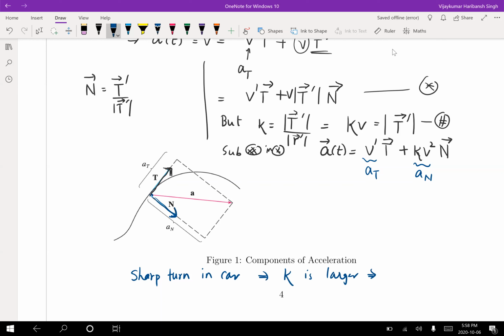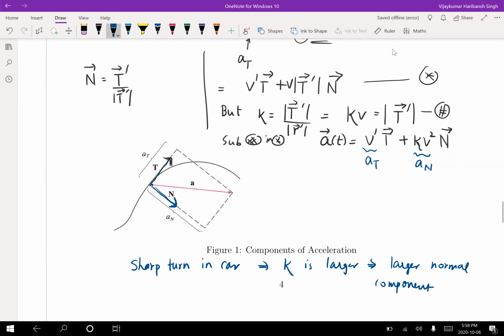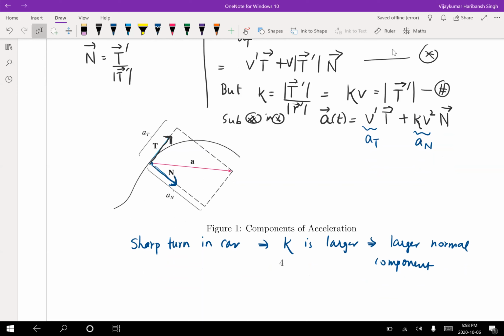This implies you feel a larger normal component. So the larger normal component means the passenger will be pushed in this direction. Okay.